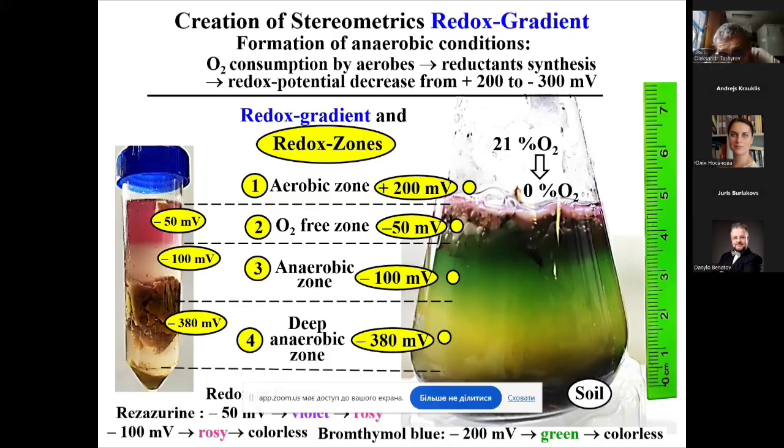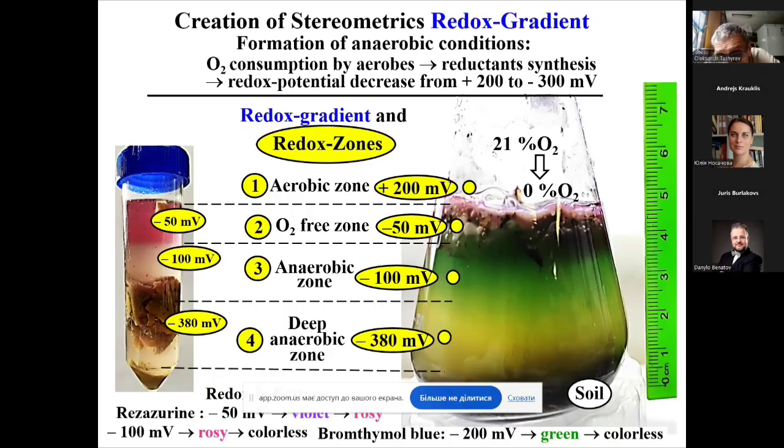And here you can see that in contact with atmospheric oxygen, 21%, the aerobic microorganisms quickly and effectively consume the oxygen, and even on the surface of this bacterial film, we obtain a redox potential not higher than minus 50 millivolts.